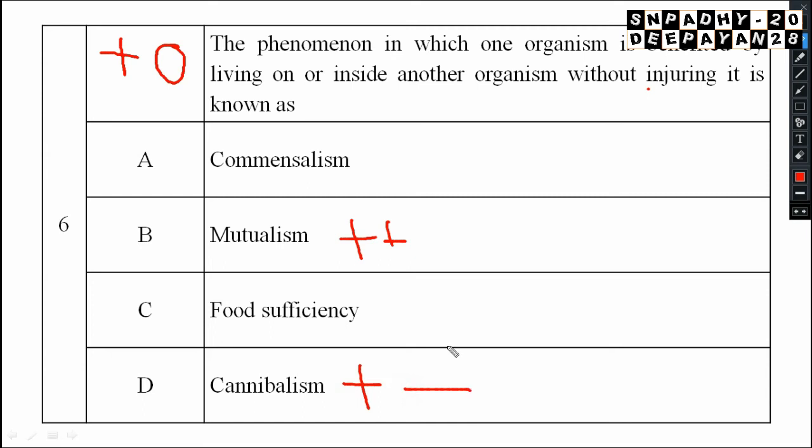Yes or no? Intraspecific, food sufficiency, not the answer. The answer is commensalism. One will be living on or inside the body of another one without harming it. This means the commensal will get the benefits, but the host will be unaffected, unharmed. That is known as commensalism.